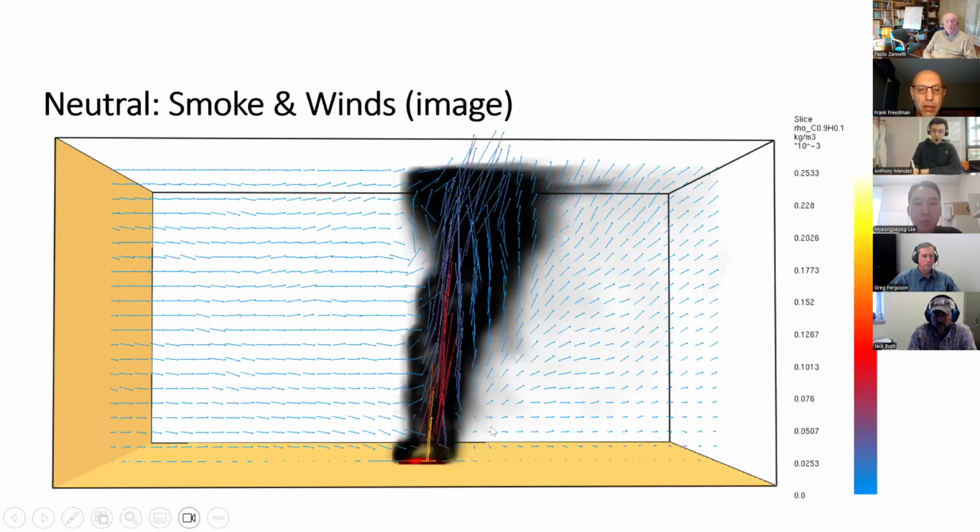Then you saw the flow itself, and this is a snapshot of the flow vectors superimposed on the black smoke itself. The CFD model captures the strong upward motion from the heat from the fire driving the plume upward in these big arrows going up and out of the image vertically.